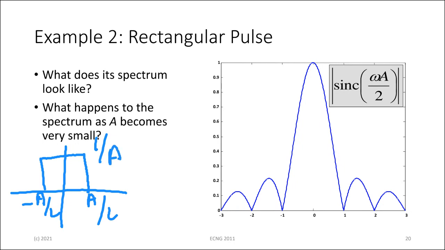So what happens now if a starts to get small? What happens to the limits a over 2 and minus a over 2? They get closer to 0, right?